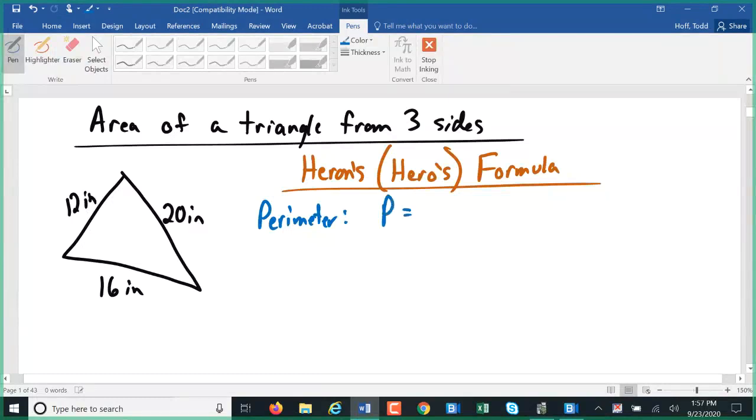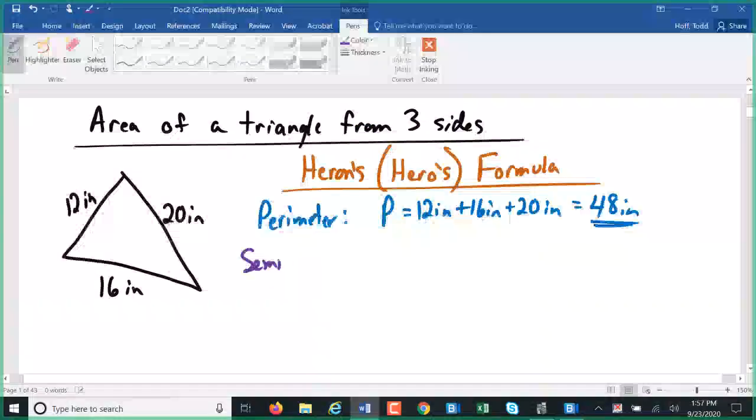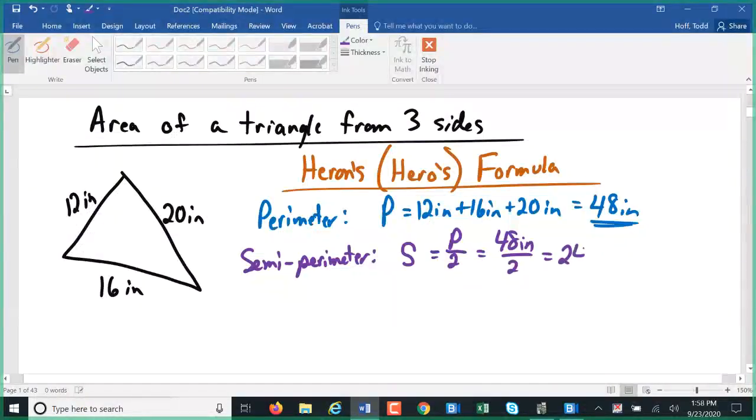P is found by just adding up the sides. What is that? 48 inches is the perimeter. And then Heron defines something called the semi-perimeter, labeled with an S. That's just the perimeter divided by 2. 48 inches divided by 2 is 24 inches.